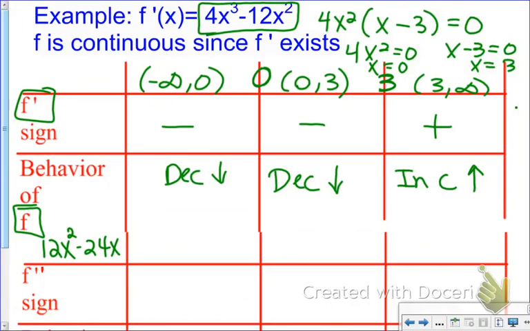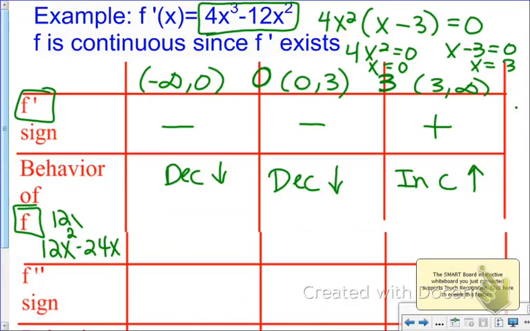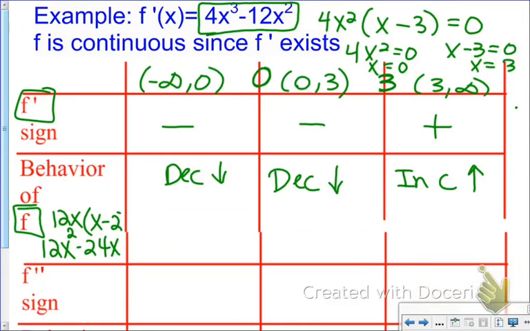Let's factor out a 12x. We're left with x minus 2.